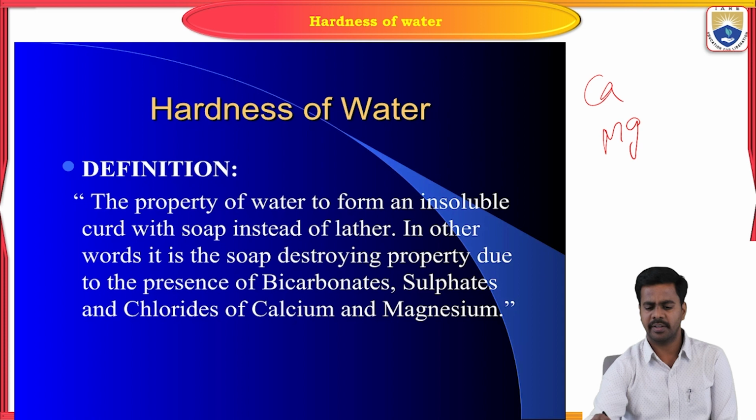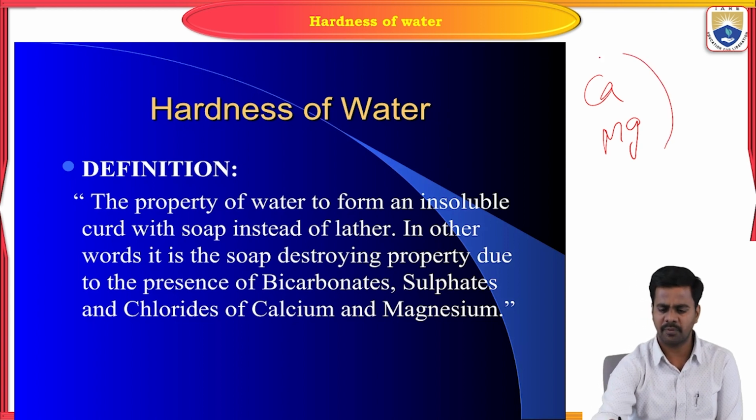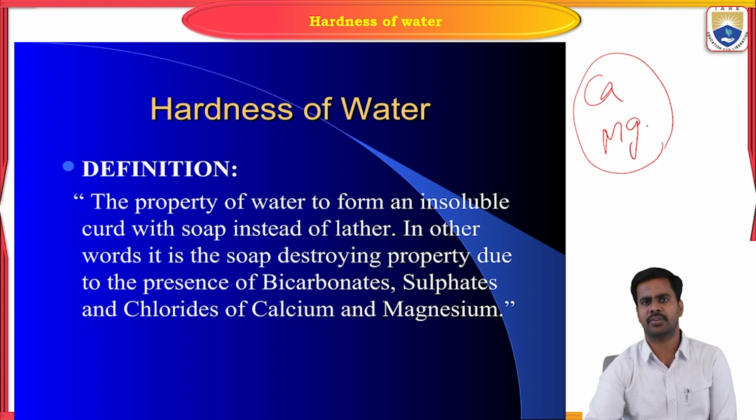So when these different types of salts of calcium and magnesium are present in the water, the property of water will be destroyed. So that is the hardness of water.